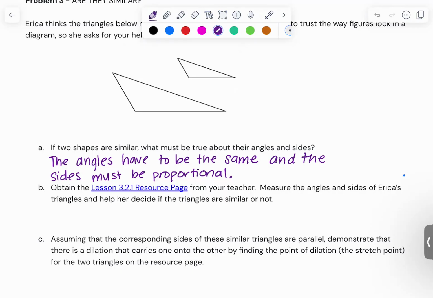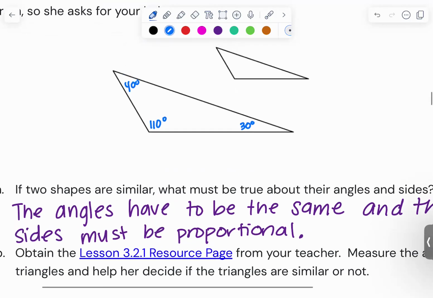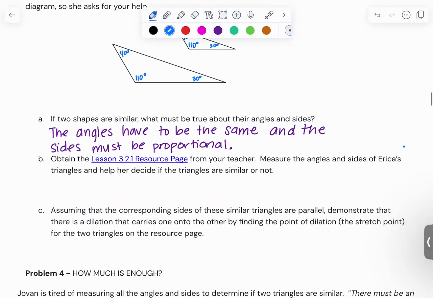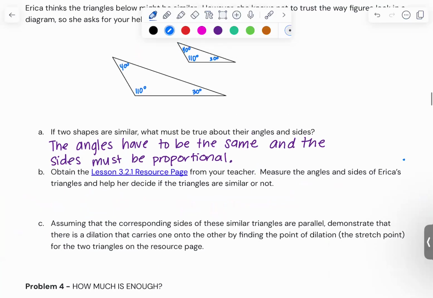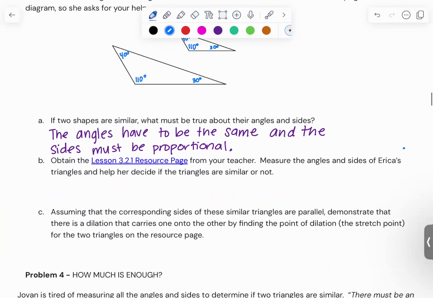I'm just going off the top of my head, but I want to say it was 110 degrees, and then I think this angle was 30 degrees and this angle was 40 degrees. And again, if you measured, you would have had the same angles. So you probably noticed right away, hey, all the angles are the same. And if that's the case, then yes, these two triangles are similar.